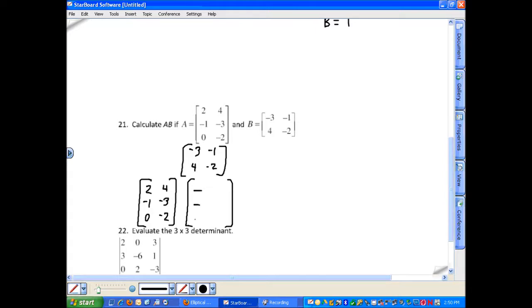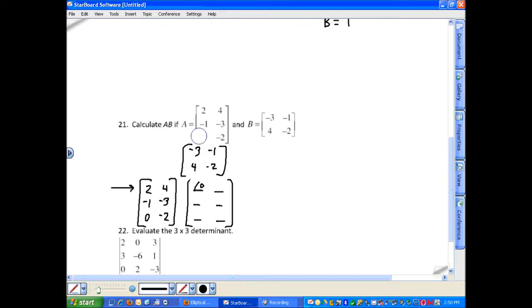A 3 by 2 matrix has 9 entries. This entry here, we need to go across that row and down that column. The 2 times 3 makes a 6, and the 4 times 4 makes 16. Adding those two is going to give you a 10.